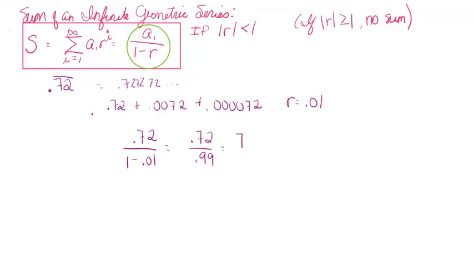When I move the decimal over, I get 72 over 99, and both of those are divisible by 9. 72 divided by 9 is 8, 99 divided by 9 is 11, so 0.727272 is actually 8/11ths, and you can see that if you divide it on your calculator.